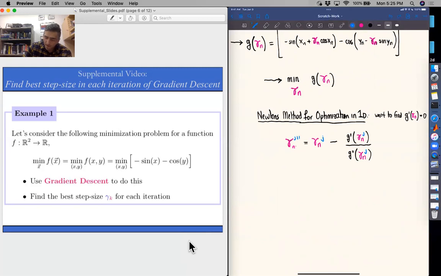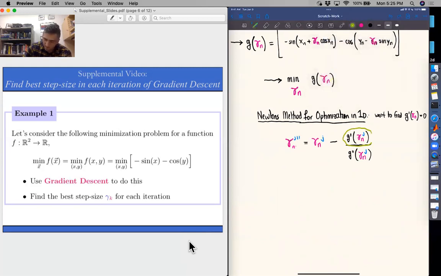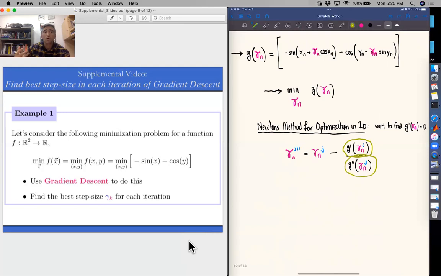So what's left is that we need to compute a derivative of g, and we also need to compute its second derivative as well. Remember, these are with respect to gamma, not xn or yn, because those quantities are known. Those are just whatever the nth approximation was, xn and yn. So we have this function g of gamma.